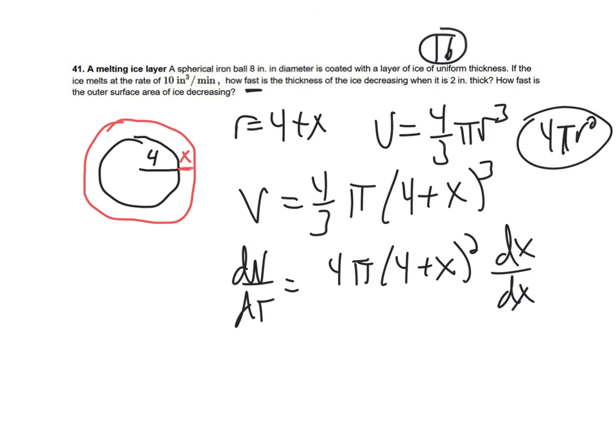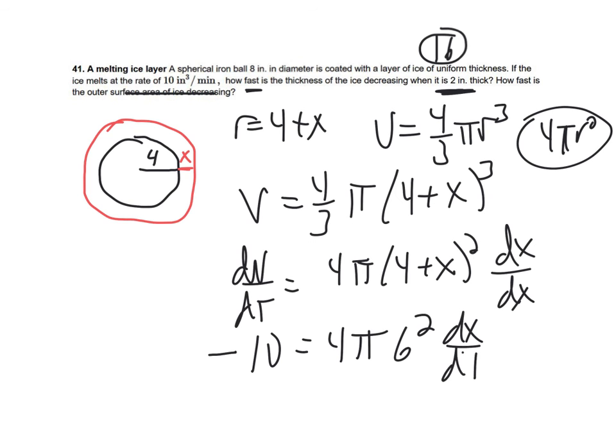So let's see. I think I'm ready to go. Let's substitute in what I know. I know dV/dt is negative 10 because it melts at a rate. That's a volume. Equals 4 times pi, and x is 2, so that's going to be 6 squared times dx/dt. Let's move this up.